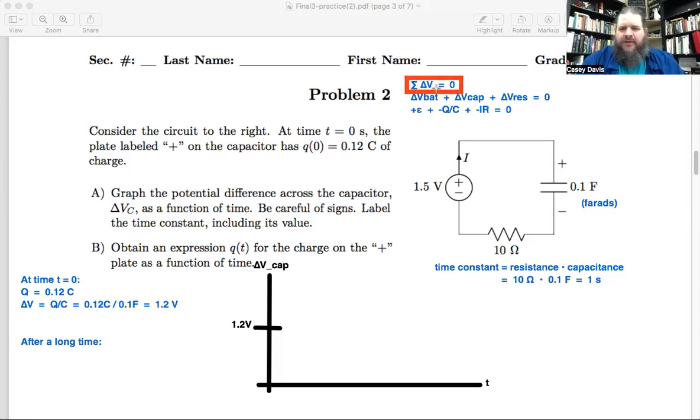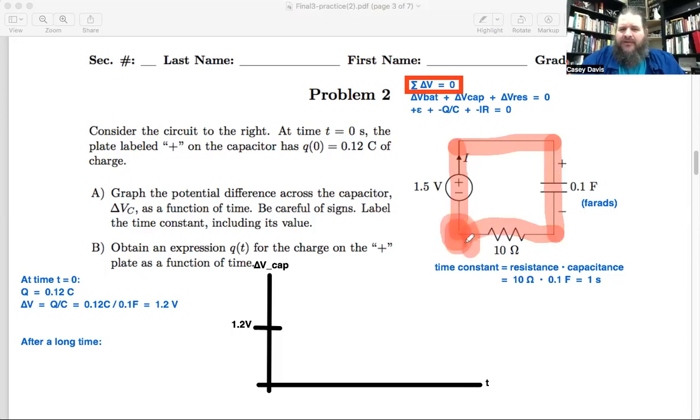This is usually called the loop rule, and it should be true for any complete loop. Like in general, if you start at some location, that location has a voltage associated with it. If you start moving around the circuit, like going through the battery increases your voltage, going through the capacitor causes some change in voltage, going through resistor causes some change in voltage.